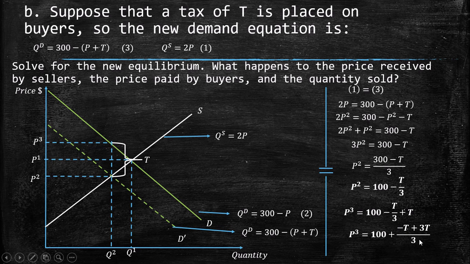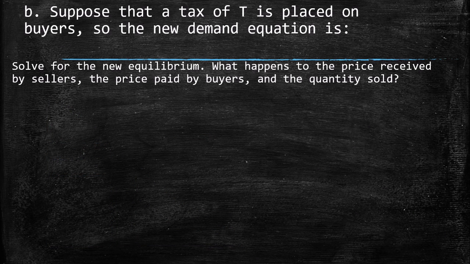The common multiple is going to be 3, so 3t minus t, which gives P3. It makes sense because P3 has to be larger than P1, which is 100. So it's going to be 100 plus 2t over 3. Here we have this information.